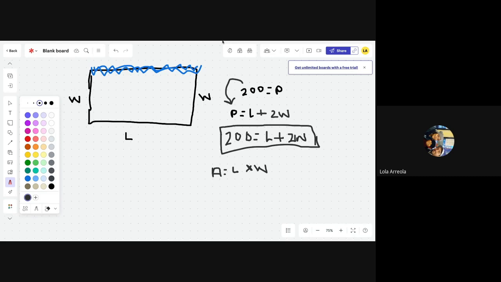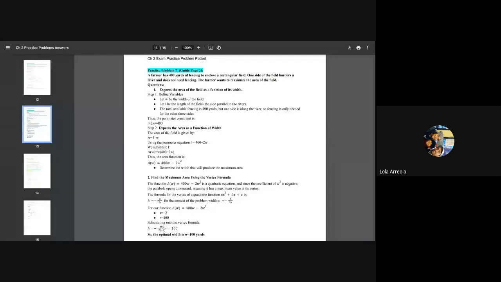However, what is the problem asking for specifically? It says express the area of the field as a function of its width.